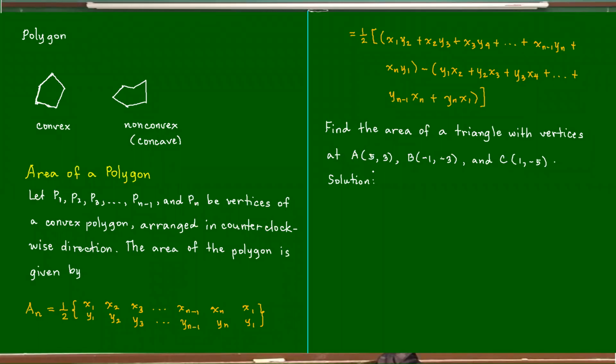Okay? So first, let us draw the triangle so that we know the first point and then the next point in counterclockwise with the first point that you are going to consider. Any of the points A, B, C can be considered your P1, but as long as your second point is in counterclockwise with it. Okay, guys? So we have this triangle.